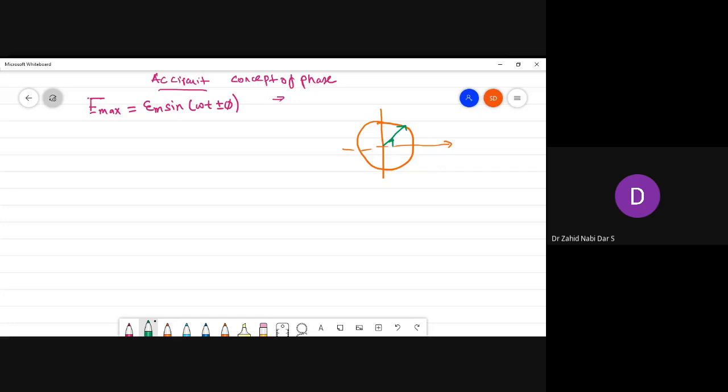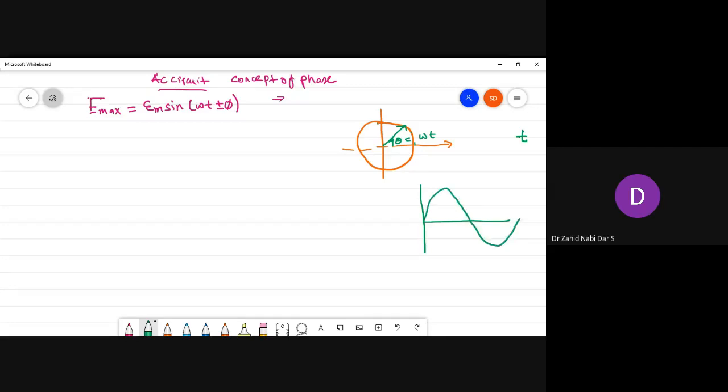How is this angle getting varied? It is getting varied with respect to time and the frequency. So this theta was equal to omega into time that I told you. As the time varies, the angle is getting varied. Now if I take a reference for this, I represent this in this form.